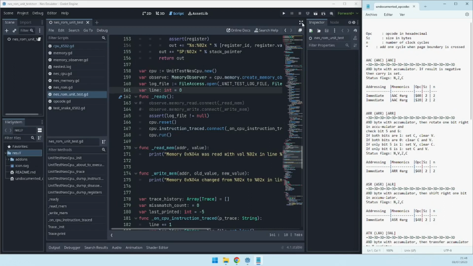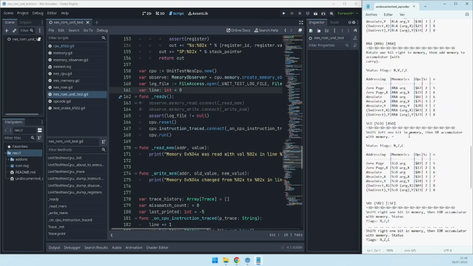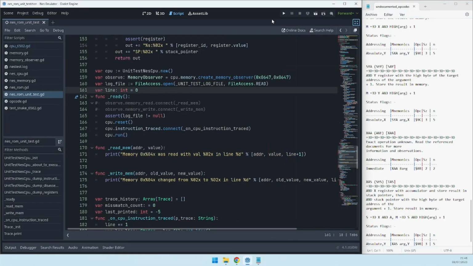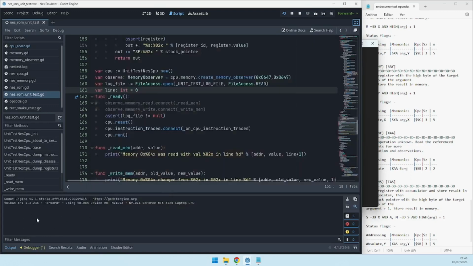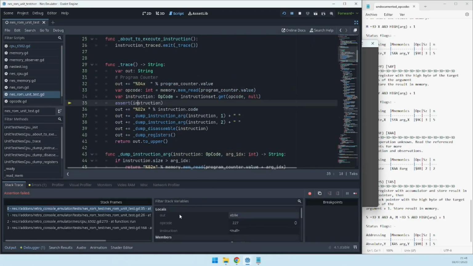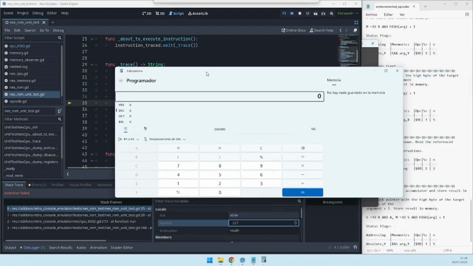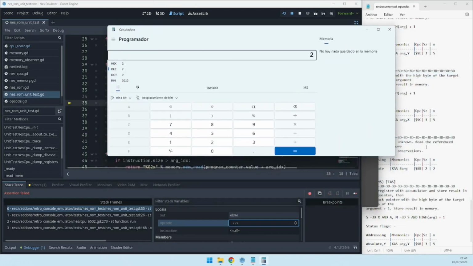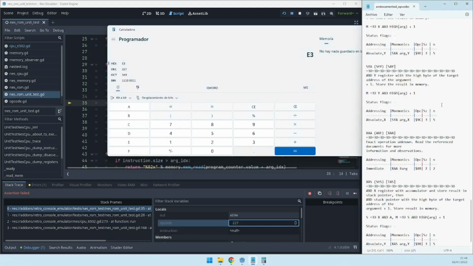The way we are going to choose what to implement next is just running the test case. When we see an instruction that is not implemented, we pick that one. Now it's the turn of opcode 227 in decimal, so we have to open the calculator and find out what that number is. 227 is E3, the famous or infamous E3.